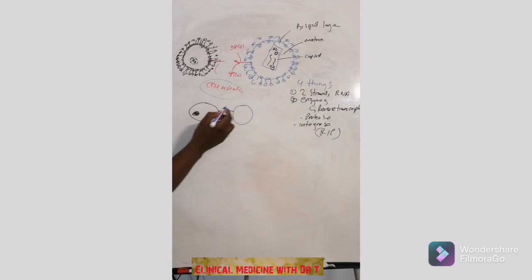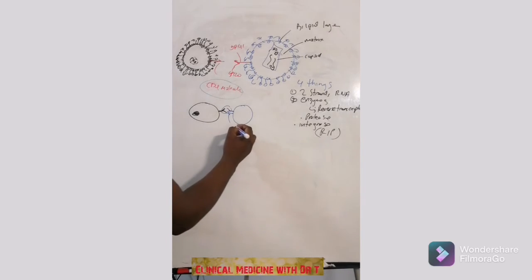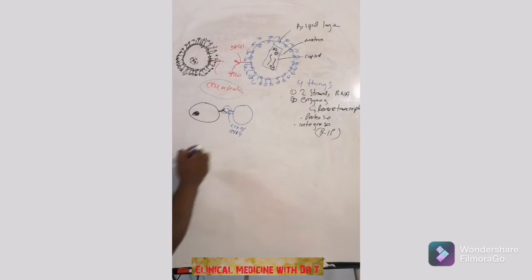Now when these two come together, there is another co-receptor that gets activated, the CCR5 and the CXCR4. I hope I get this right. If I make a mistake, I'll just type it in the comments. But the most common is the CCR5, chemokine receptor 5.